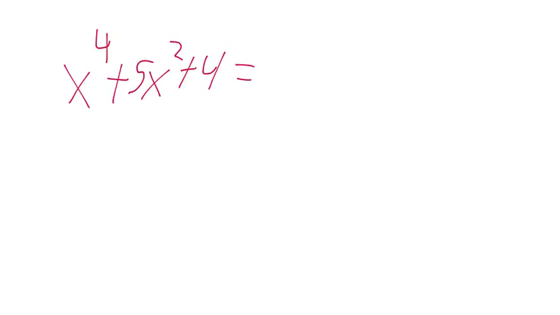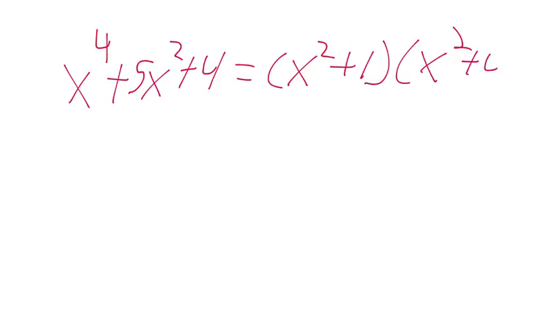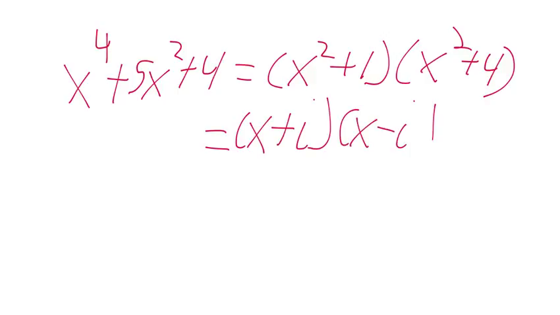So our original quartic function, x to the fourth plus 5x squared plus 4, is equal to x squared plus 1 times x squared plus 4. So this is, remember, x squared plus 1 is equal to x plus i times x minus i, times x squared plus 4.